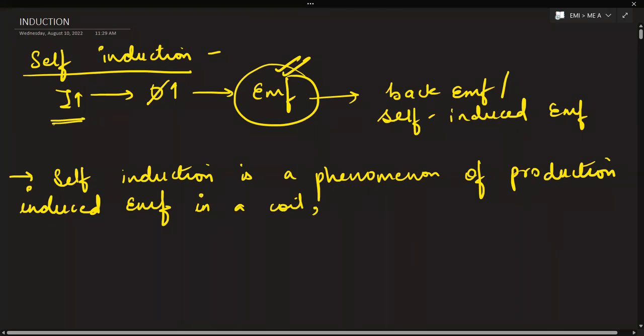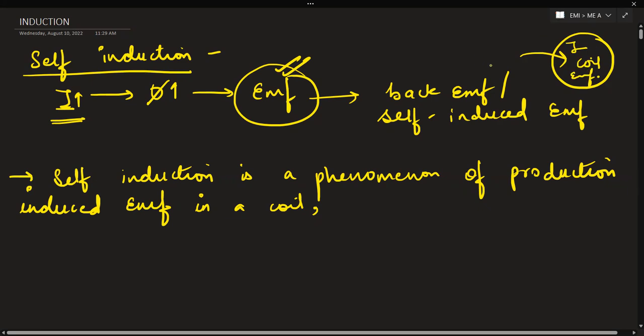EMF is induced because of this current only. That's why it is self-induction, because it is happening in a single coil within itself. Current is changing in this coil only, and EMF is also induced in this coil.